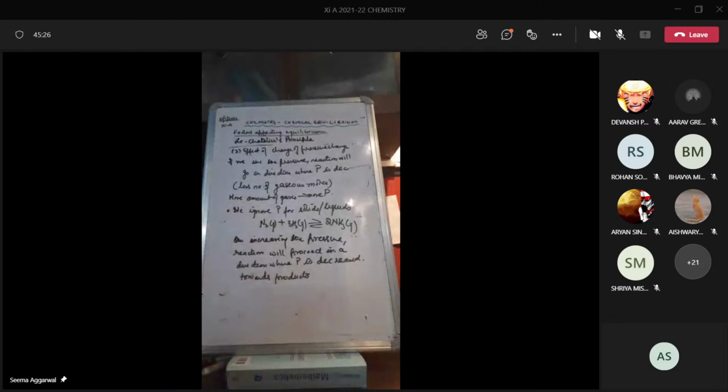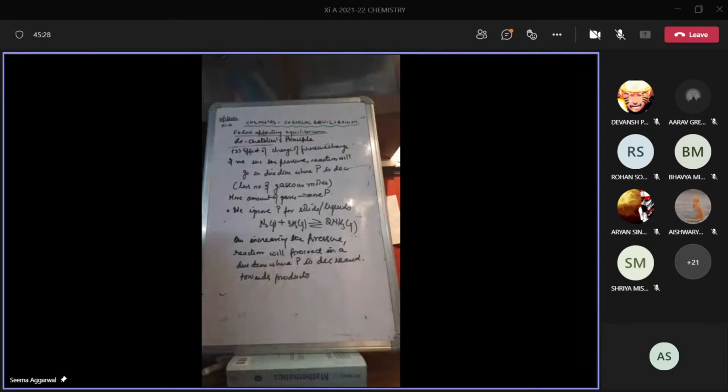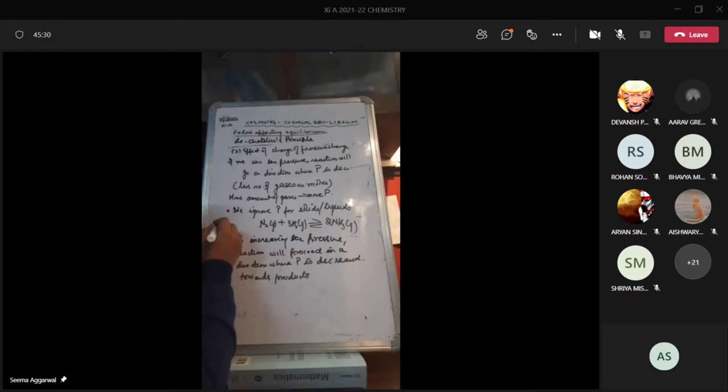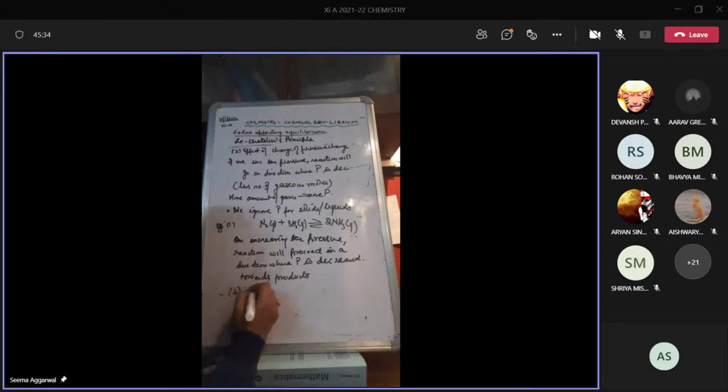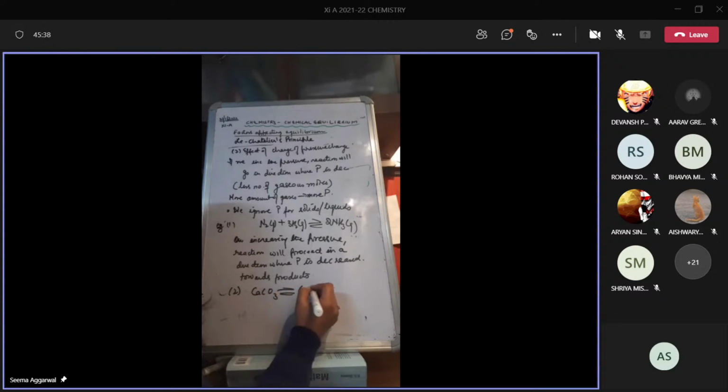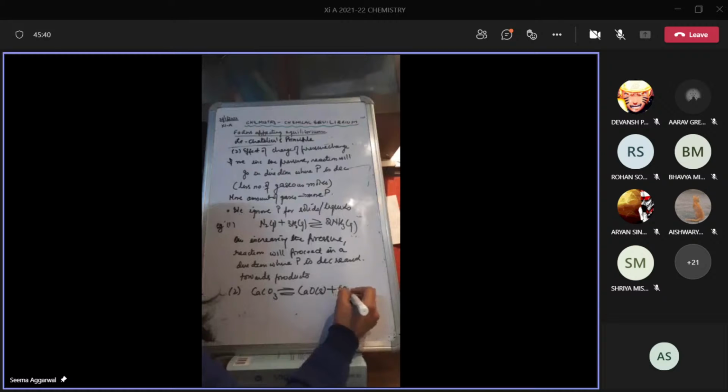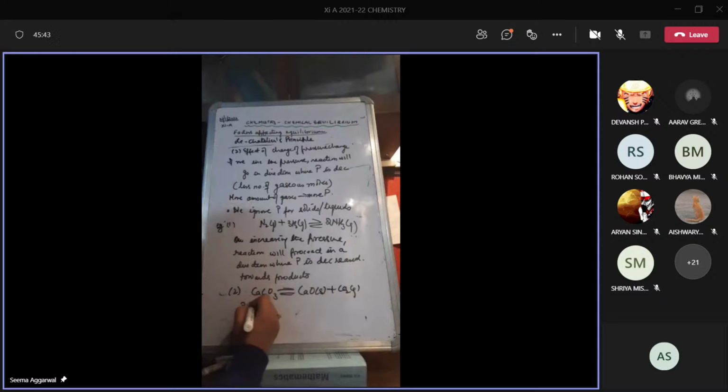Now, if I am taking this reaction, suppose calcium carbonate dissociates to form calcium oxide solid plus carbon dioxide gas. If the pressure increases, then what will be the direction?